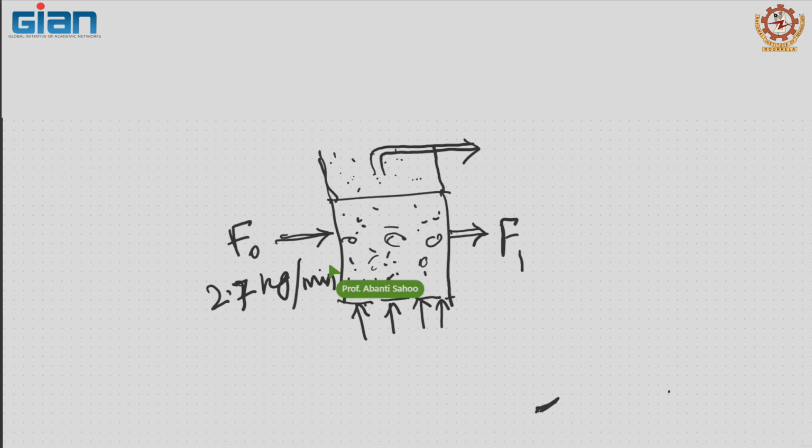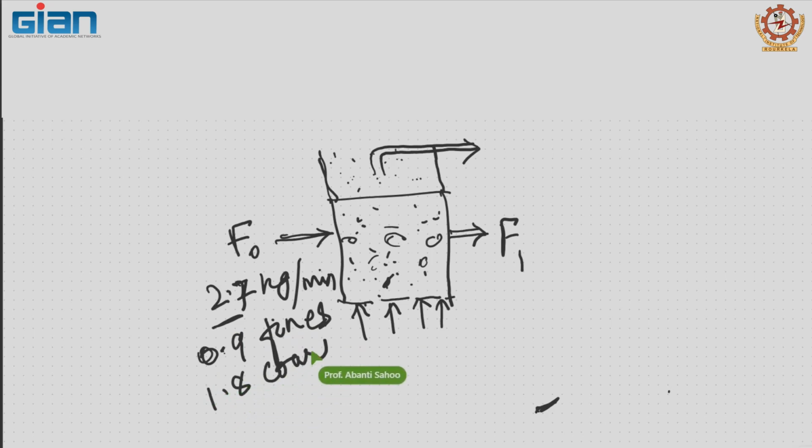Data given: F0 is 2.7; of this 2.7, 0.9 kg per minute is fines, so naturally the coarse will be 1.8, the larger particles. And the bed weight initially taken is 17 kg.